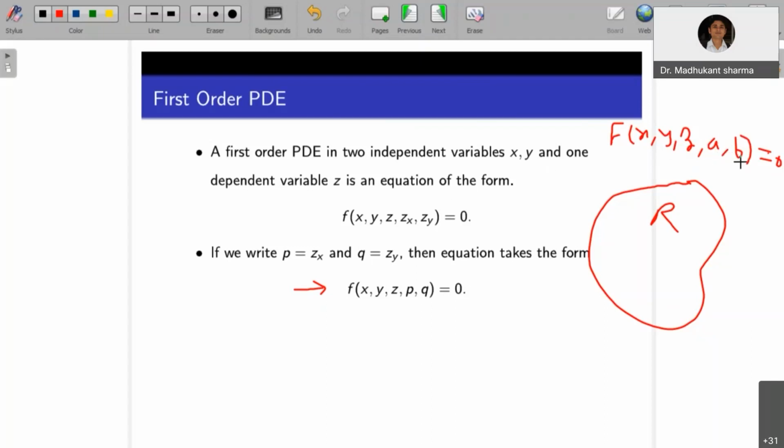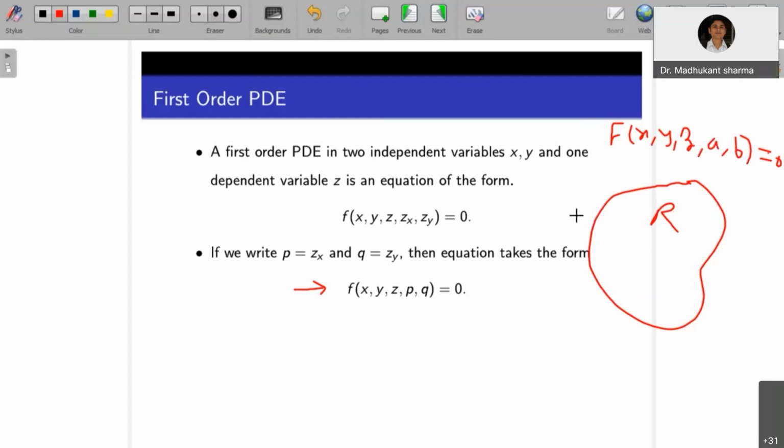There is one independent variable there, here there are two independent variables. So you will see later that the solution will have two parameters, or two arbitrary constants.